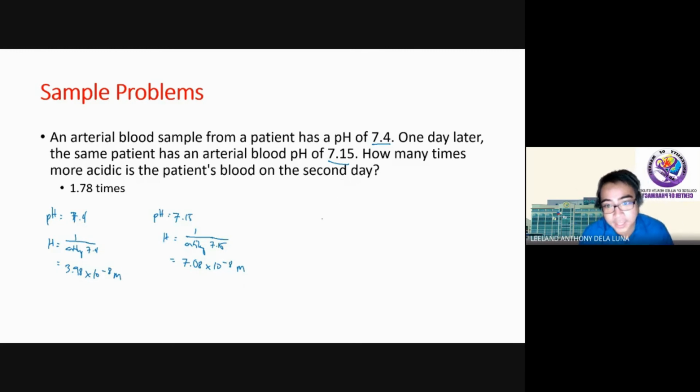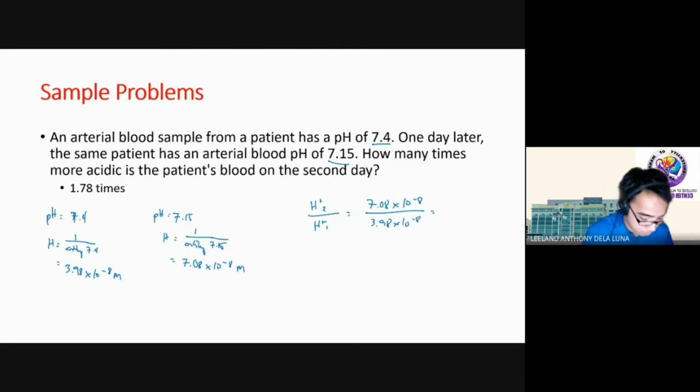Okay? So, ang gagawin lang dyan, class, is tignan natin how many times higher siya. So, therefore, class, yung hydrogen ions nung second take, di-divide lang natin sa hydrogen ions nung first take. Okay? That will simply be 7.08 times 10 to the negative 8 divided by 3.98 times 10 to the negative 8.